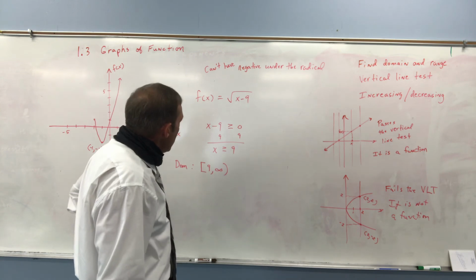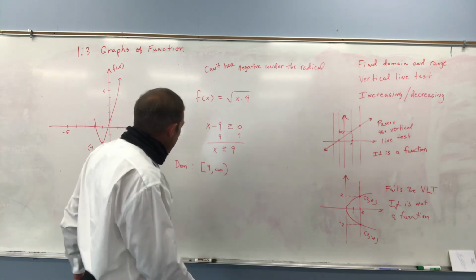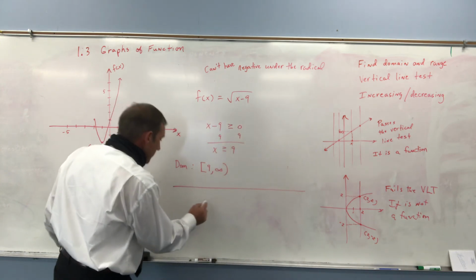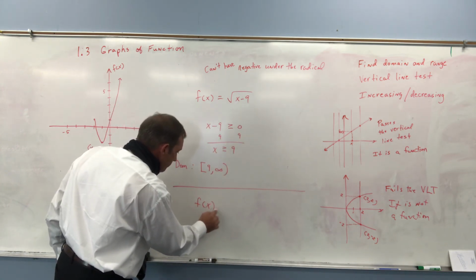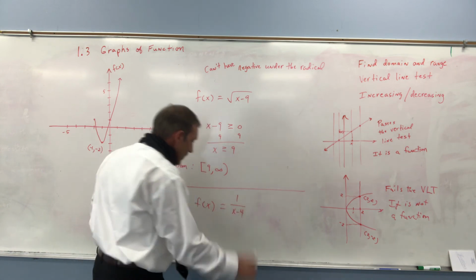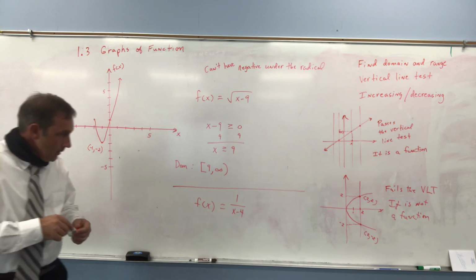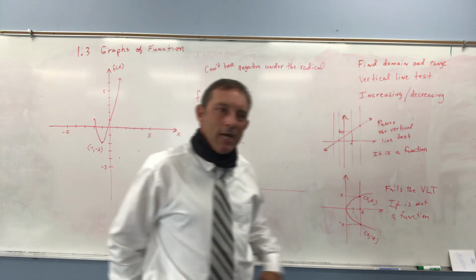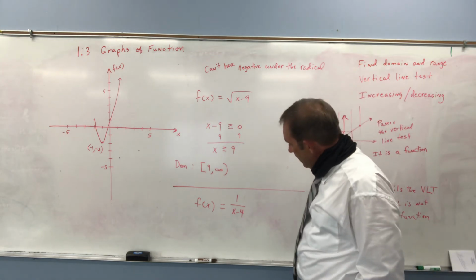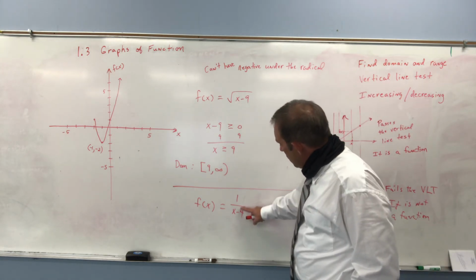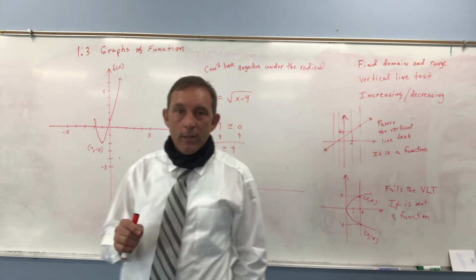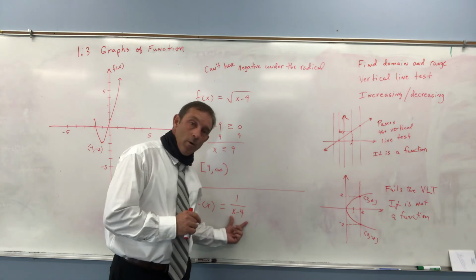So another situation that comes up a lot is going to be, maybe you have something like this. And again, we're going to have a limitation on the domain here as well, because when you've got a variable in the denominator, you have to look for the possibility that you could get a 0 in the denominator.